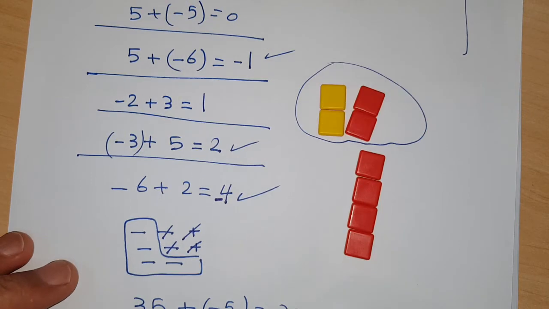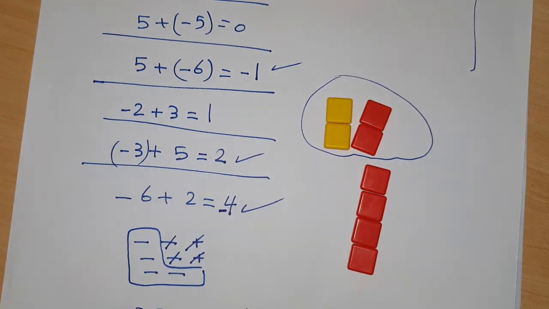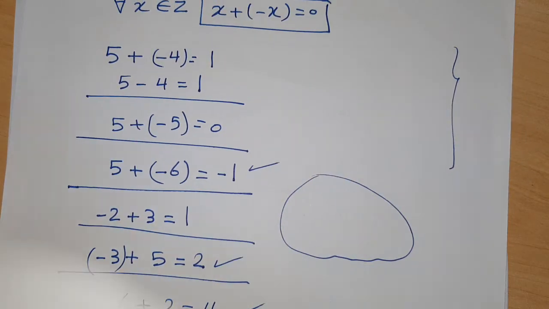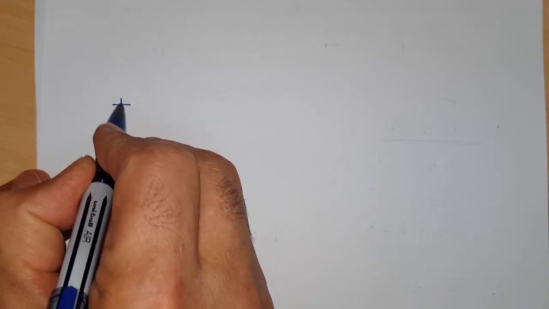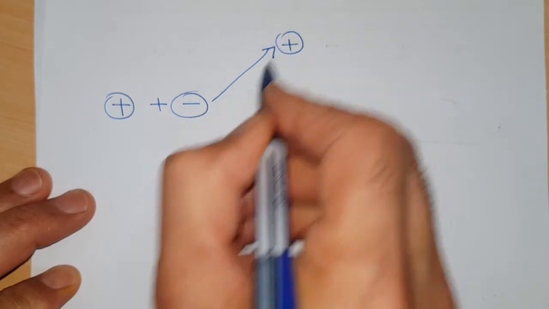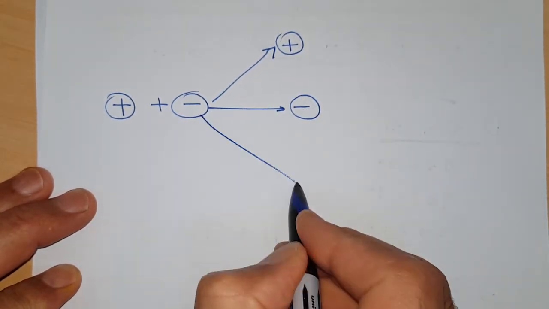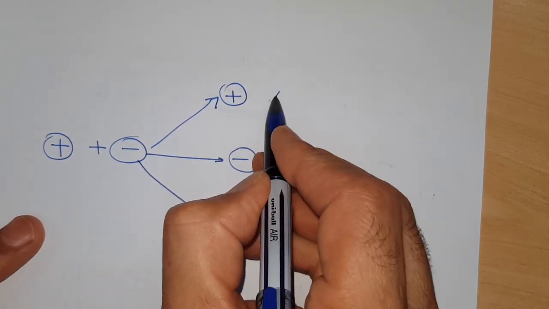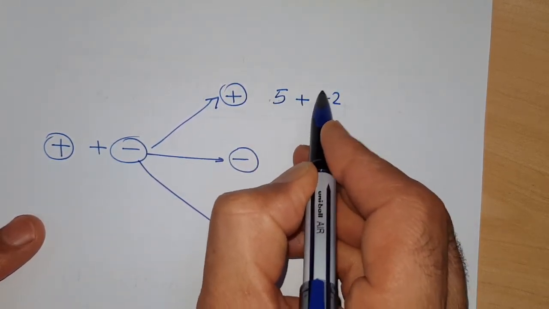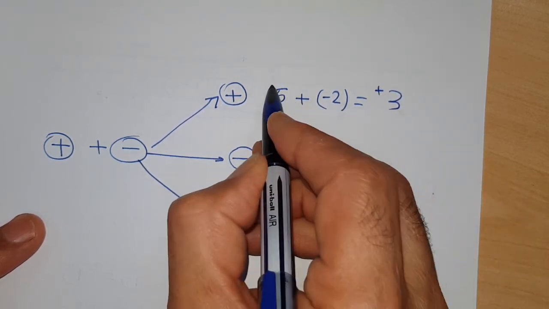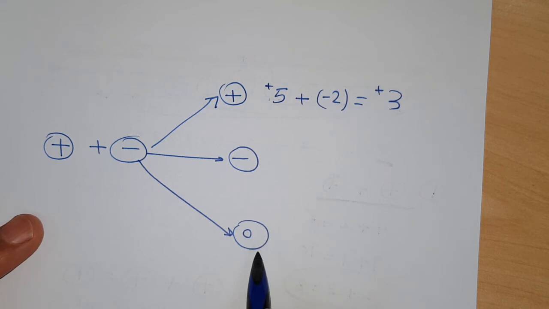Okay. So let's summarize, my students, this part with you, adding positive and negative numbers. When you add a positive number plus a negative number, the answer may be positive, may be negative, may be 0. The answer will be positive if the big number is positive, like this. 5 plus negative 2 is 3, positive number, because the bigger number here is positive.